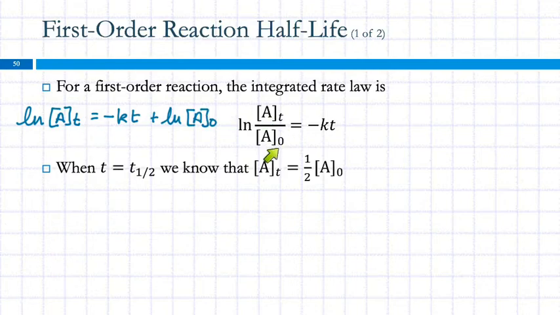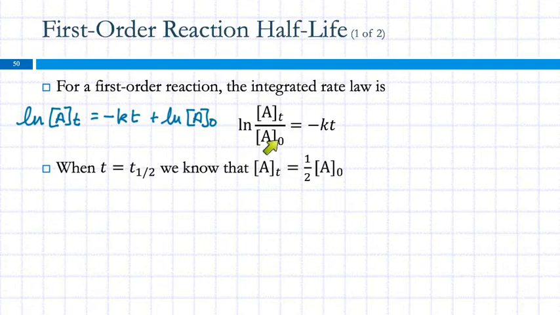This can be rearranged to look like this. So here I've got the negative kT. What I'm doing is I'm subtracting the log of A0 over here, and subtracting logs is the same as dividing numbers. And so at this point you might just want to say, yeah, okay, I believe you.